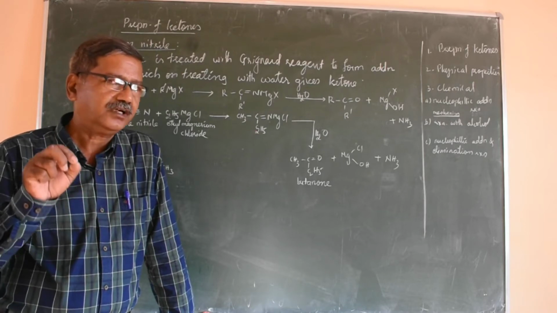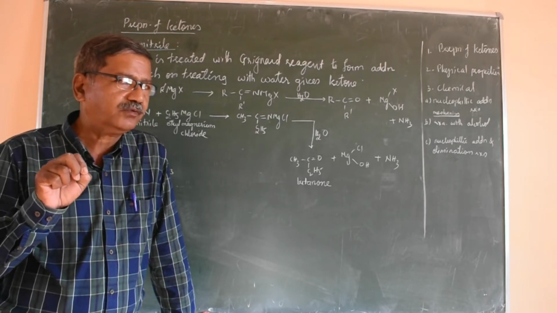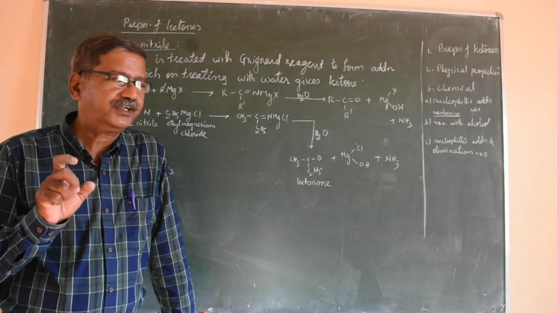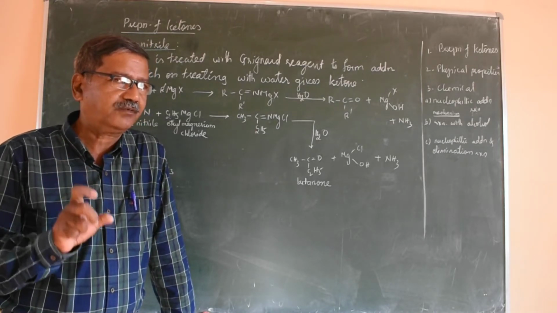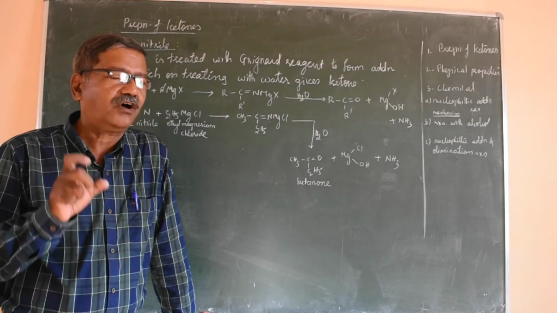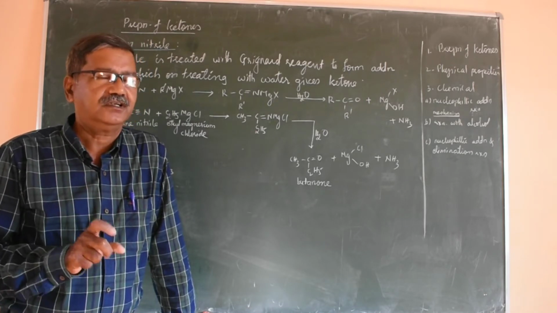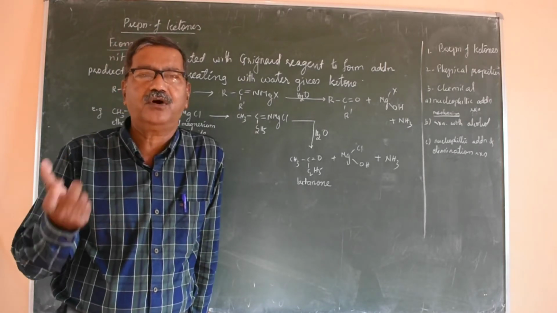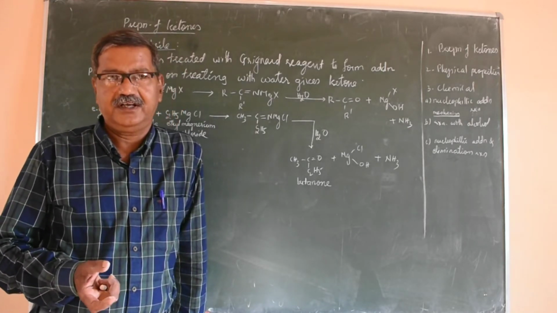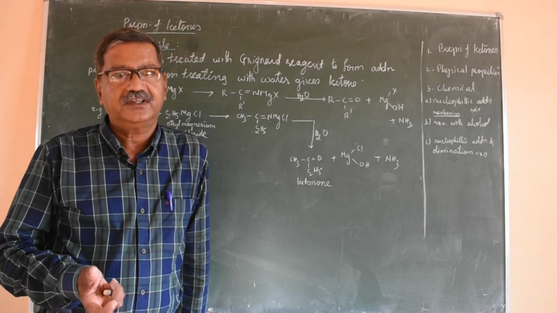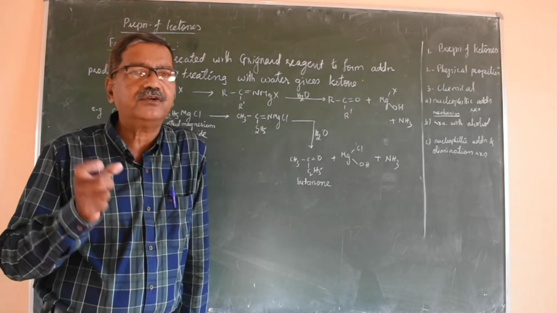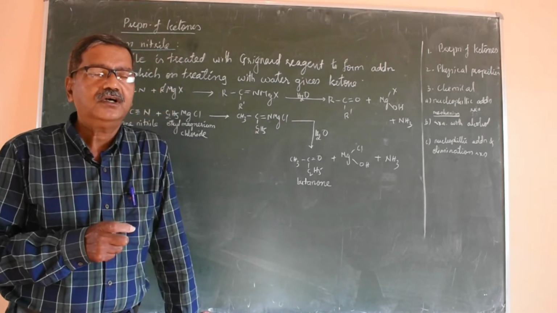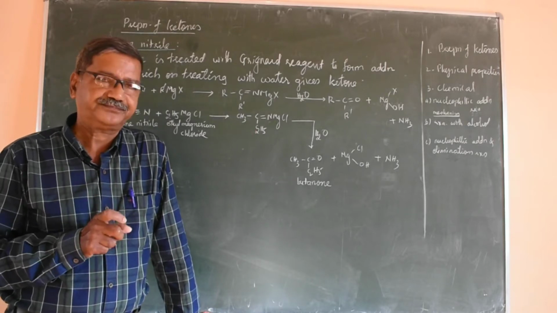Which type of aldehydes and ketones? Those having low molecular mass or fewer carbon atoms. In other words, lower members of aldehydes and ketones, for example formaldehyde, acetaldehyde, and the ketone acetone, are soluble in water due to hydrogen bonding with water.